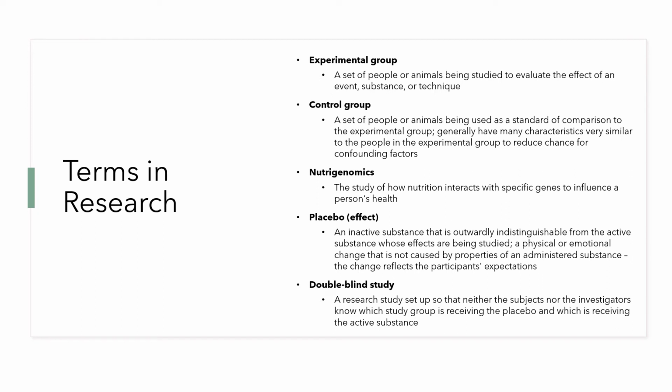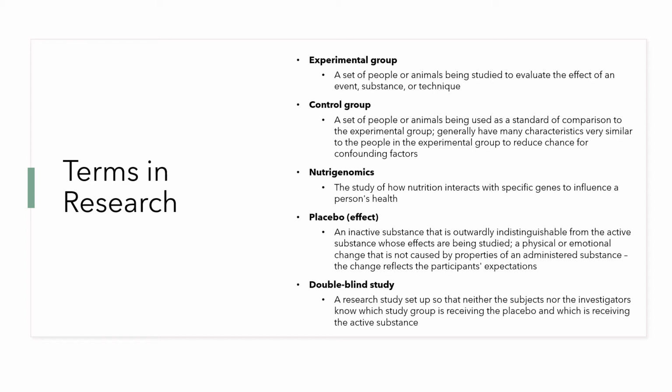Okay, I just want to go over a few terms that I mentioned in the previous slides and give some specific definitions. So, an experimental group and a control group, again, we see this in clinical trials. The experimental group is the set of study subjects, whether they're humans or other animals, I should say.